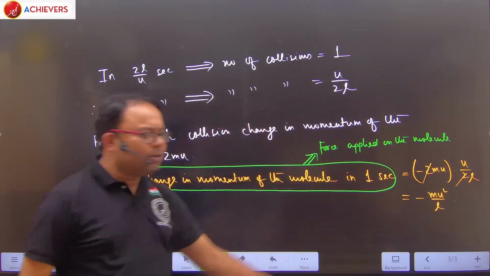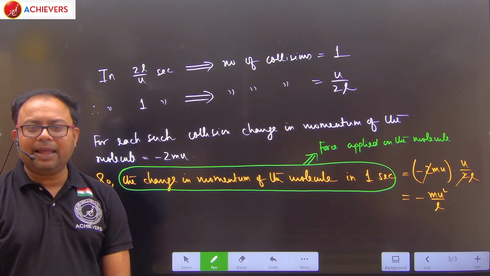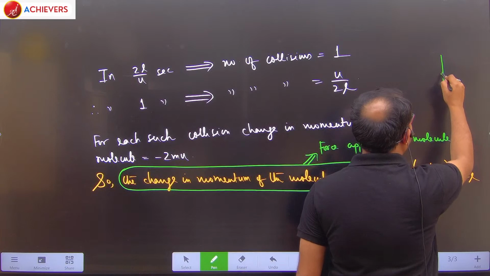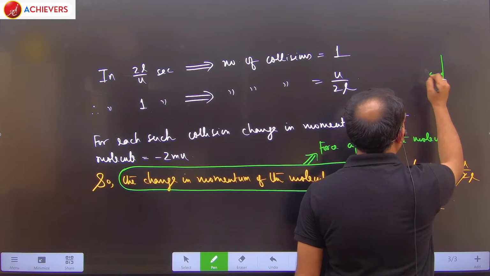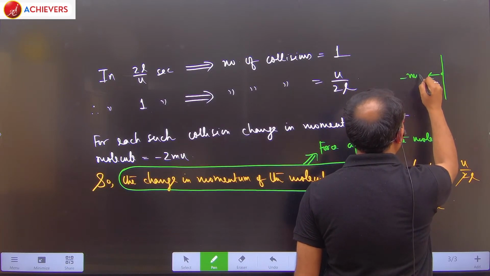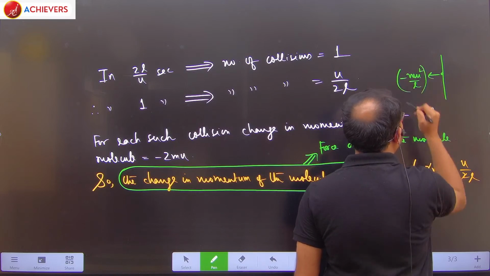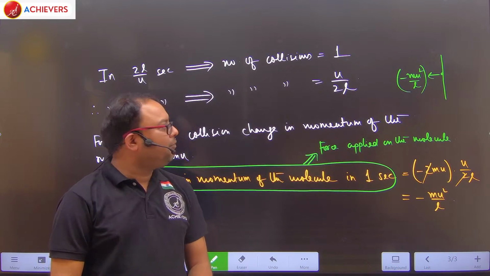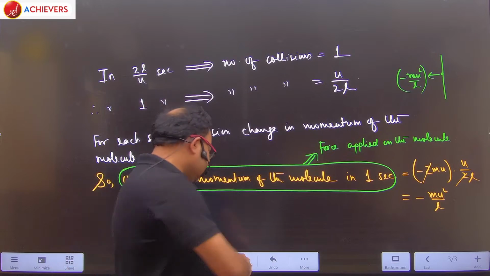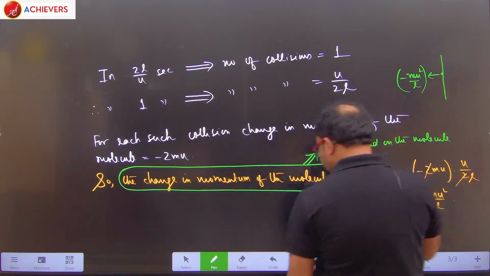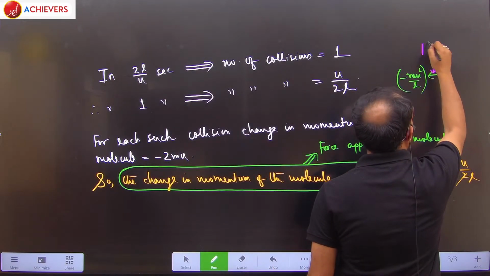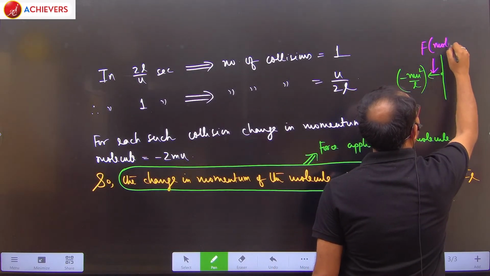The force applied on the molecule is minus mu square by L. This is the force applied on the molecule after collision with the wall.